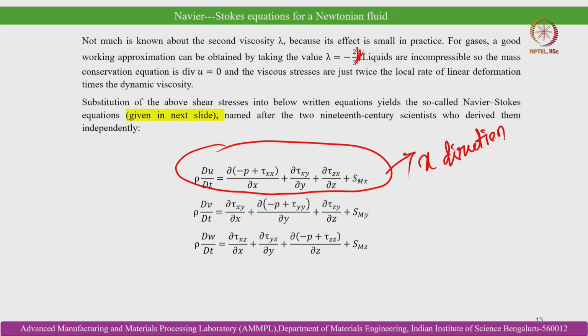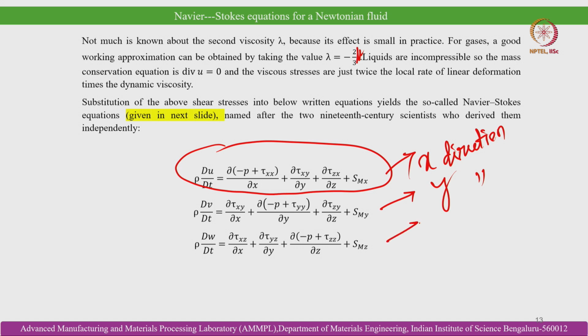For the x direction, rho Du/Dt, the substantial derivative of u, is equal to ∂(−p + tau xx)/∂x plus ∂tau xy/∂y plus ∂tau zx/∂z plus SMx. For the y direction, rho Dv/Dt is equal to ∂tau xy/∂x plus ∂(−p + tau yy)/∂y plus ∂tau zy/∂z plus SMy.